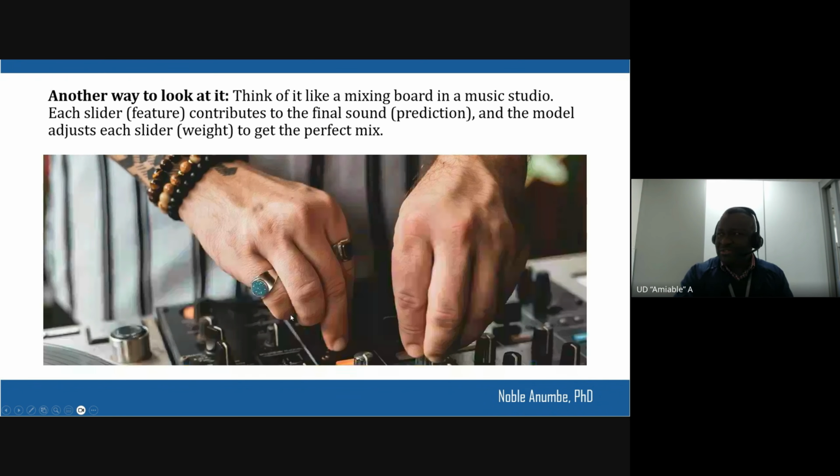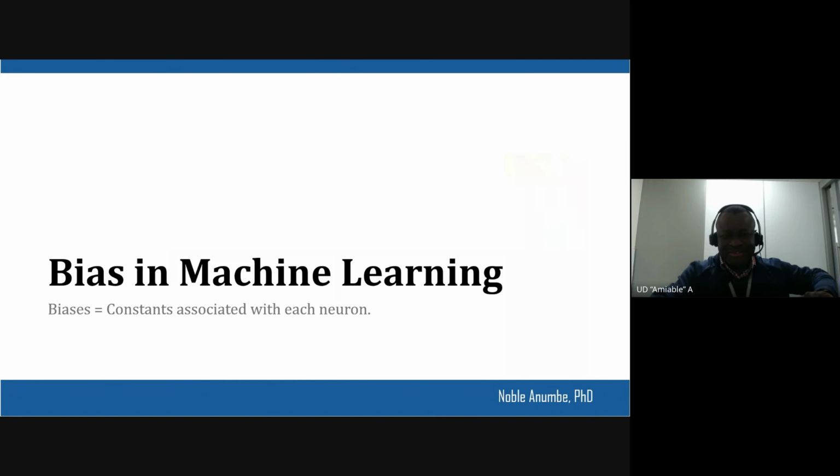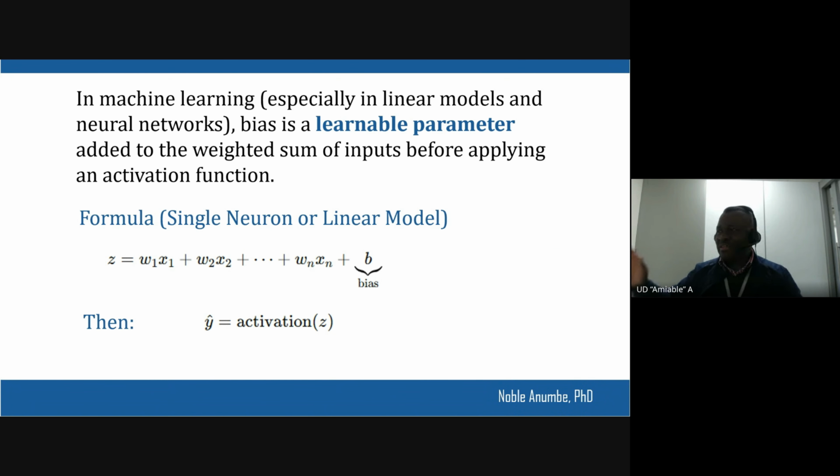But let me just show you an example. Same thing I was talking about here, like a DJ. You have to keep turning those knobs until you get the exact sound you want. That's what happens in machine learning. So let me talk about bias first, and then later we'll come back to errors, because the prediction error is what will help you decide how to tweak your W's, W1, W2, and W3.